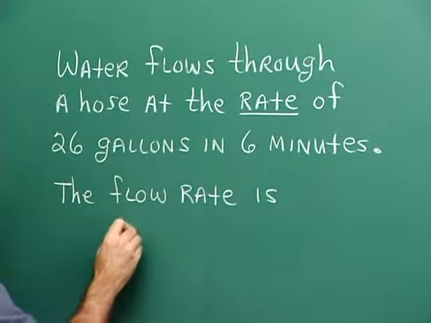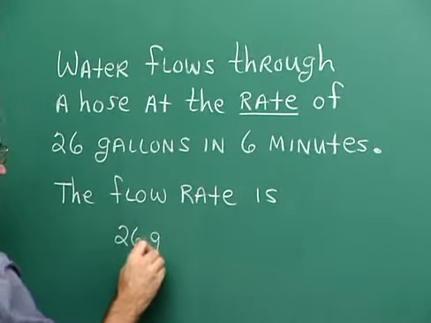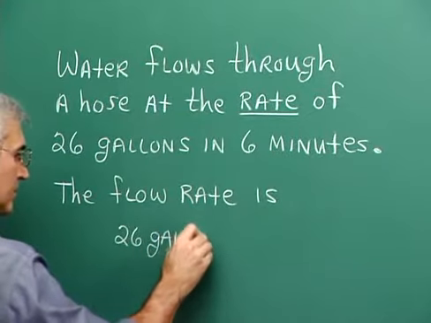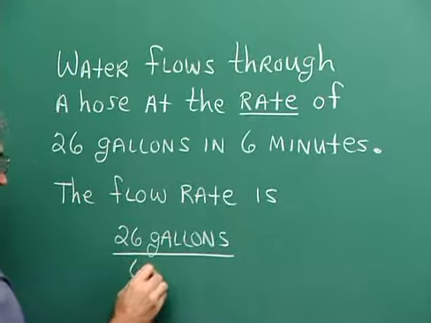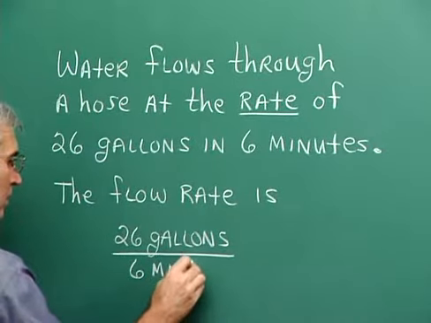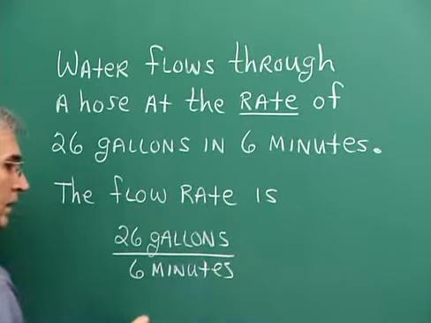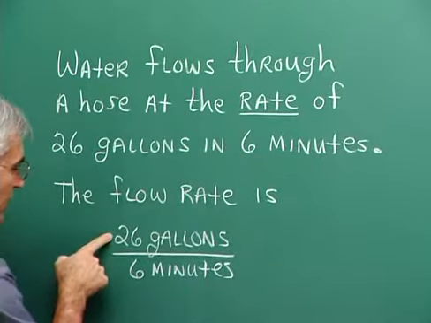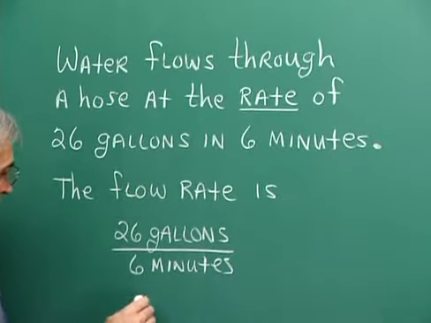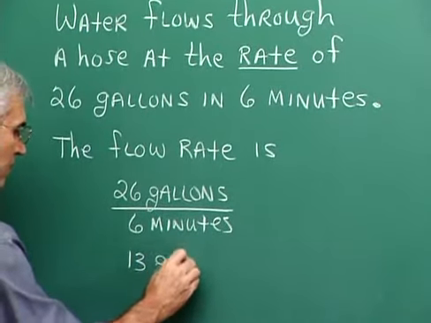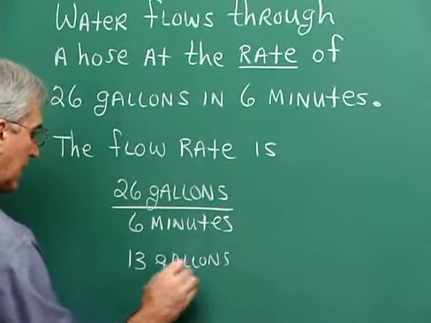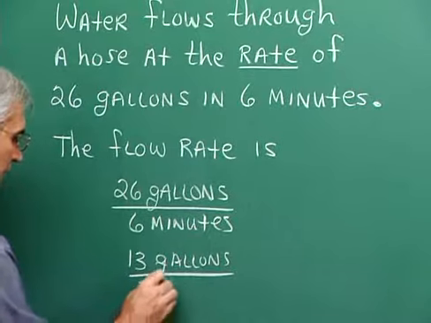So it is 26 gallons in 6 minutes. And we can reduce here, 2 into 26, 13, 2 into 6, 3. So this is the same as 13 gallons in 3 minutes.